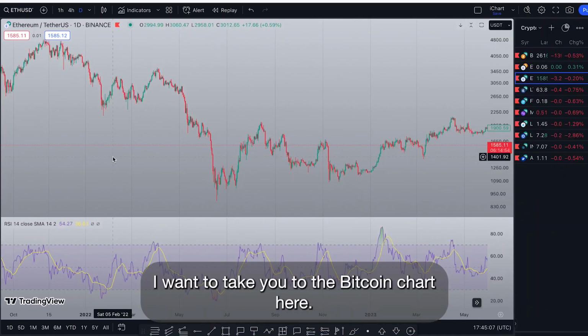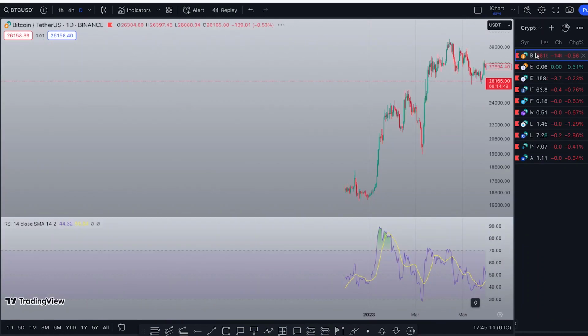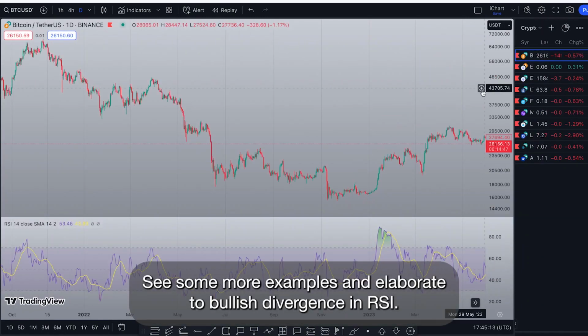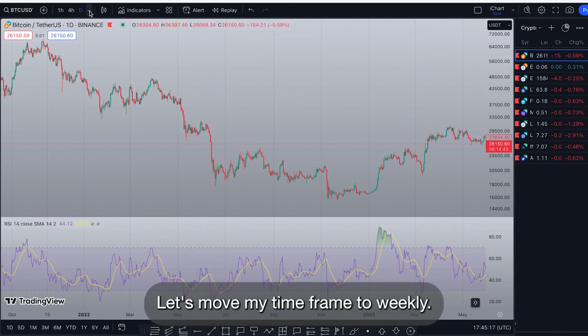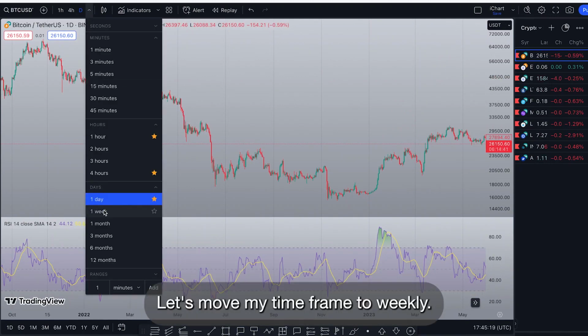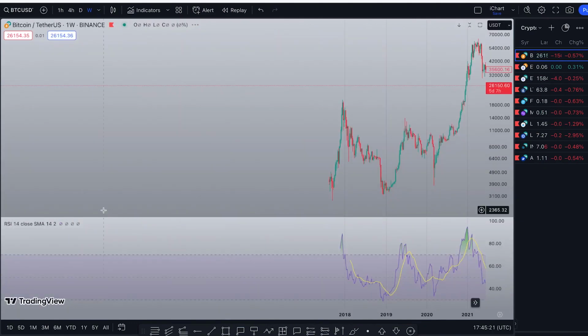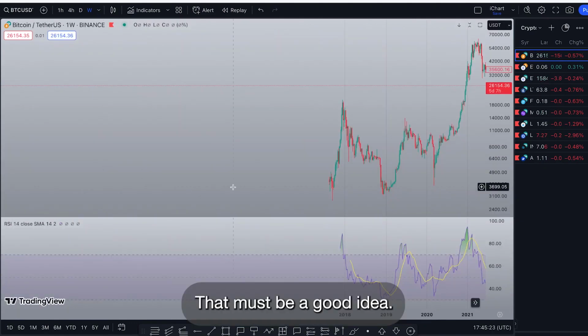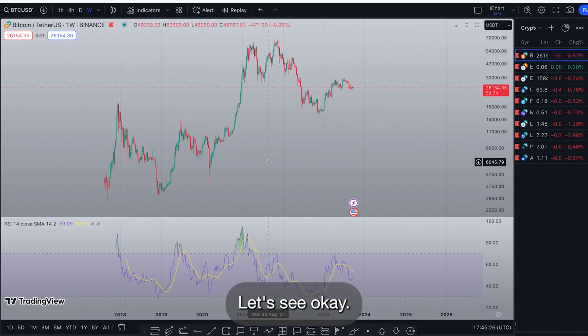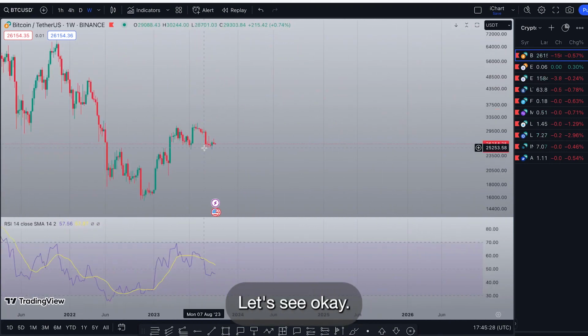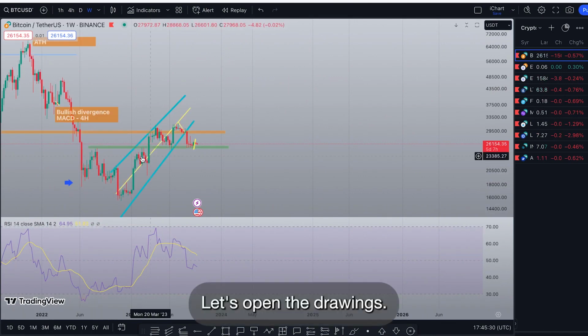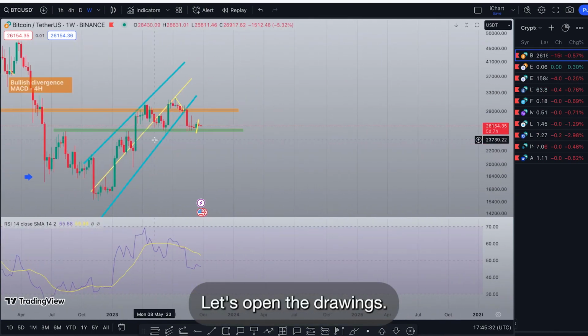All right, I want to take you to the Bitcoin chart here to see some more examples and elaborate on bullish divergence in RSI. Let's move my time frame to weekly. Let's open the drawings.